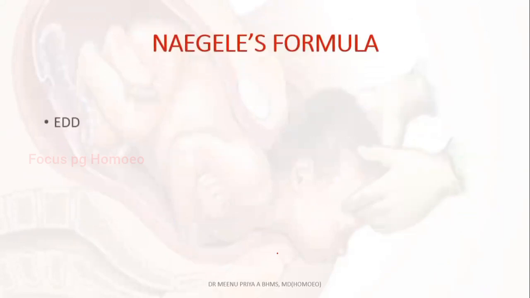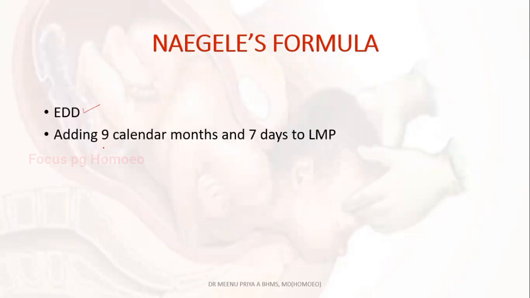Now, what is Naegele's formula? As we saw, it is to calculate the EDD, the expected date of delivery. Adding 9 calendar months and 7 days to the LMP is Naegele's formula. Naegele's formula can come as a question to calculate the EDD. It could be a probable question.